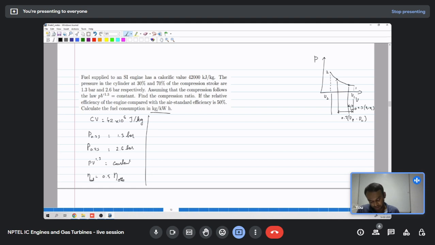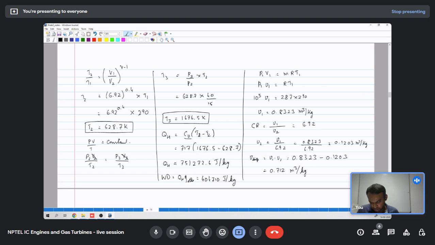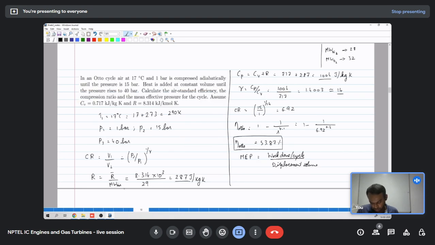Using the pressure and volume relation, we can try substituting these values and find V1 and V2. The relation we had here: V1 by V2 is (P2 by P1) power 1 by gamma.